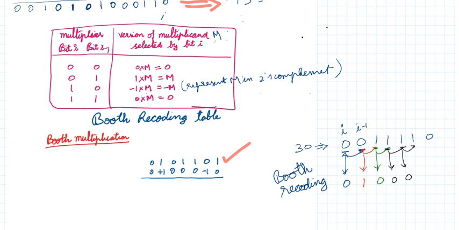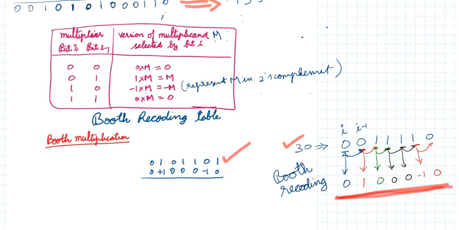It's 1, 0. 1, 0 means, look at the table, you put minus 1. Then for the last one, you can assume the next bit to be 0. So that would be for the last bit 0. So for number 30, this is the Booth recoded value.